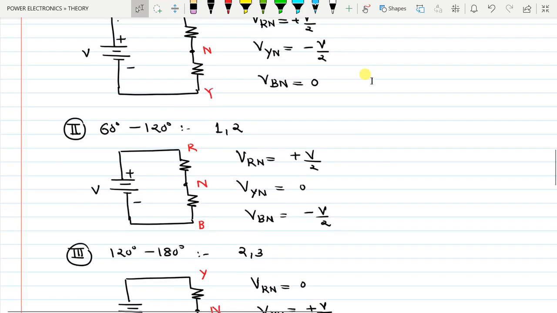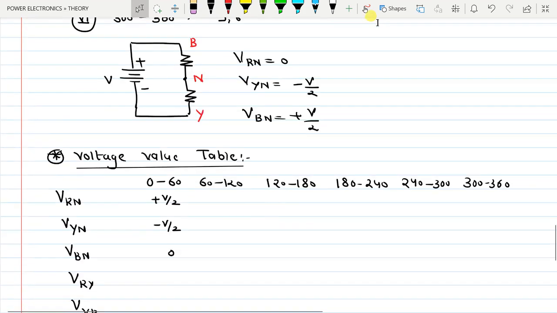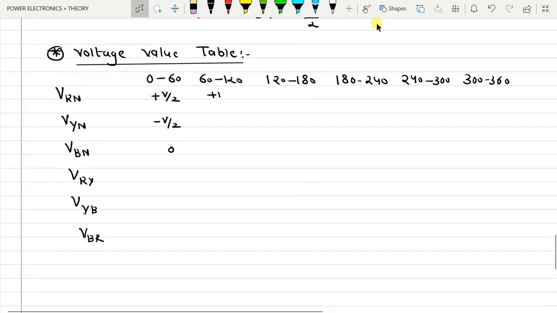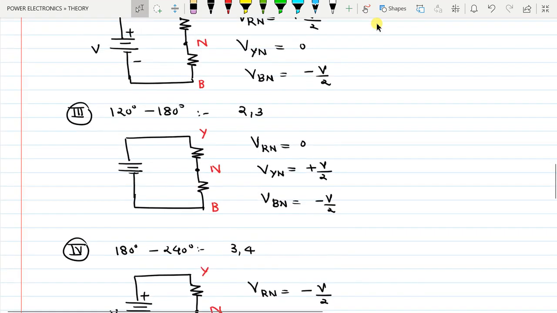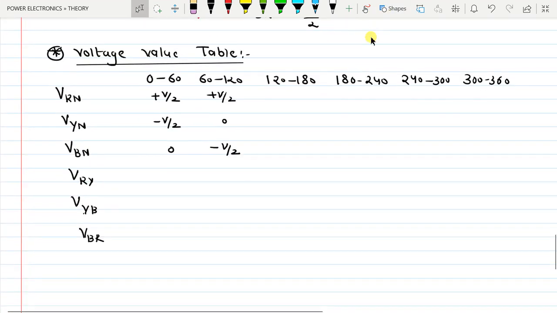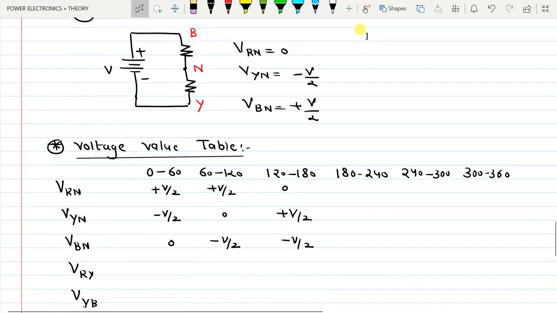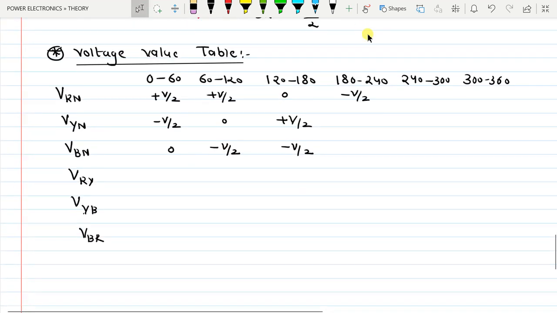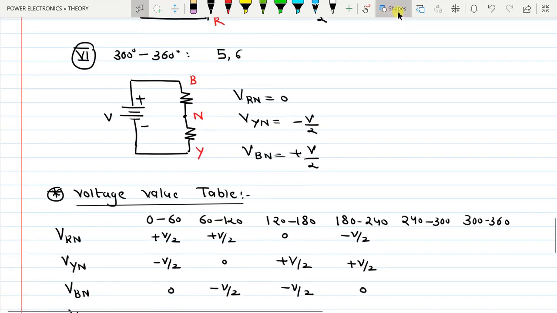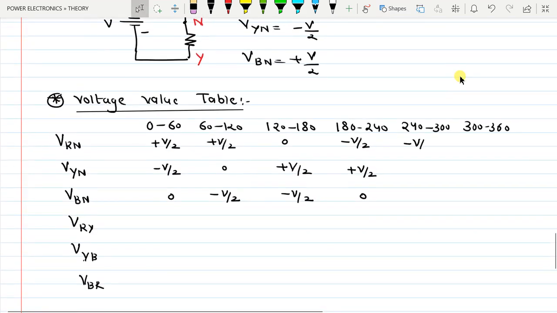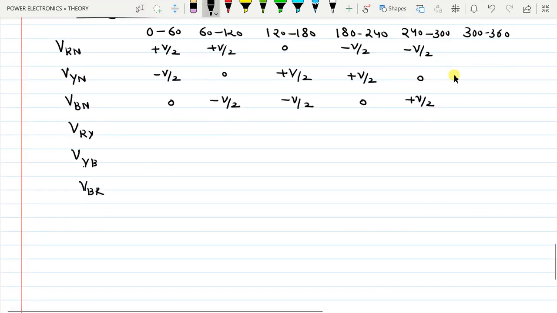Second interval: plus V by 2, 0, minus V by 2. Third interval: 0, plus V by 2, minus V by 2. Then minus, plus, 0. Minus, 0, plus. Zero, minus, plus.